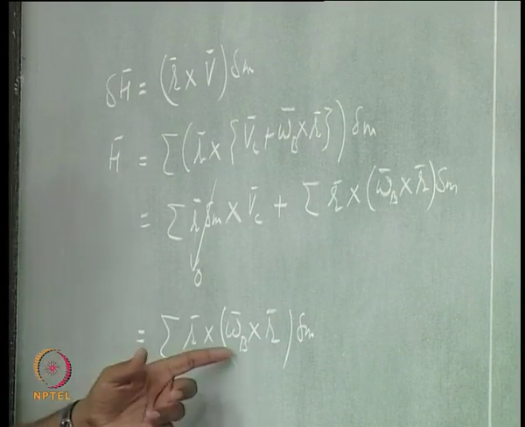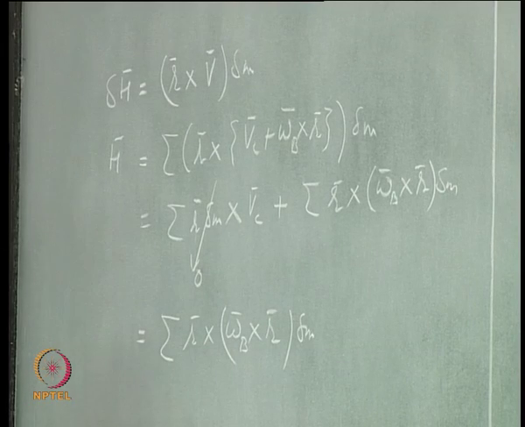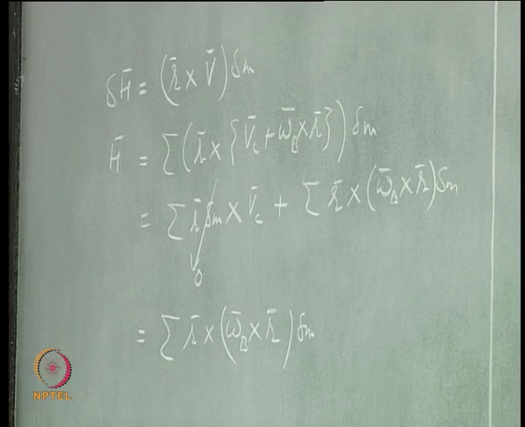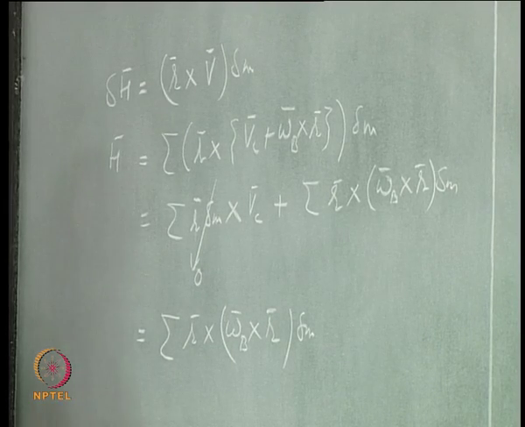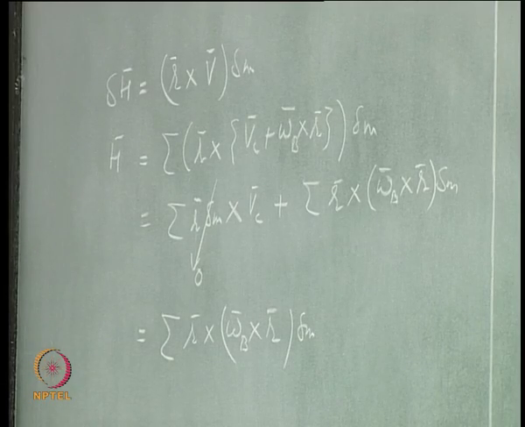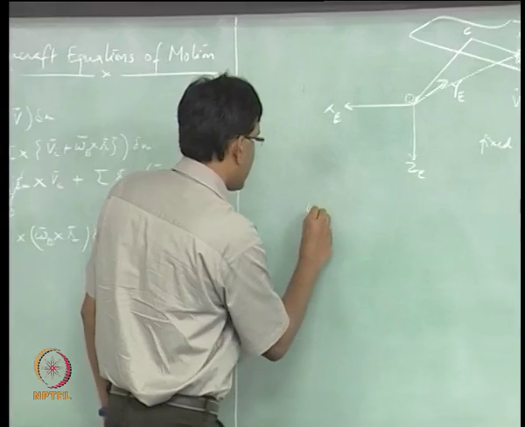This omega b is the angular velocity of the aircraft with respect to the body fixed coordinate system.